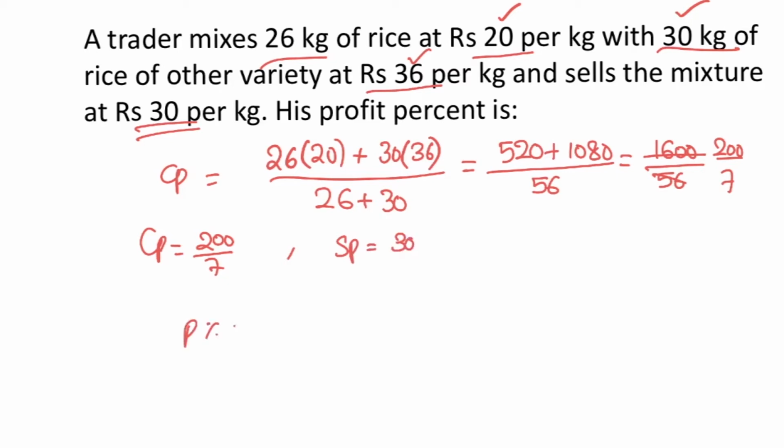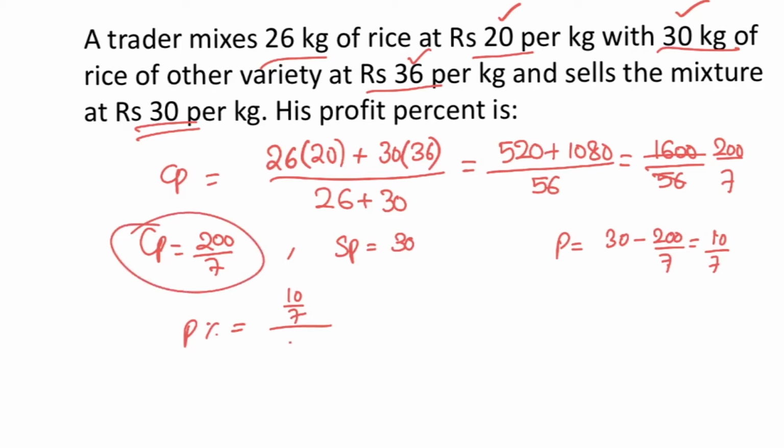We need profit percent. Profit is 30 minus 200 by 7. 7 times 30 is 210, minus 200, so profit is 10 by 7, divided by cost price 200 by 7.